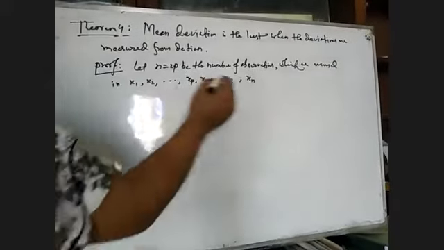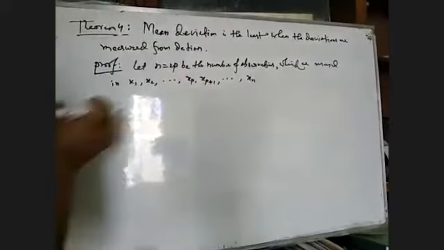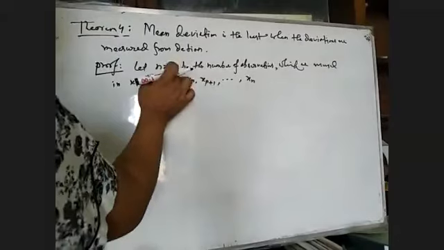Starting from x1 and ending with xn, and divide it into two parts, because n equals twice p.